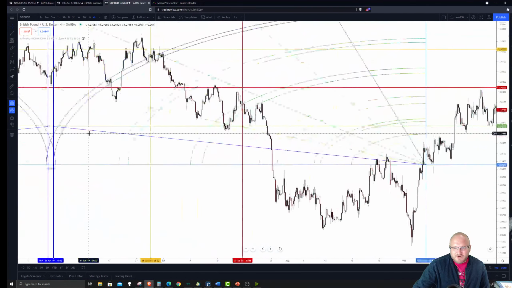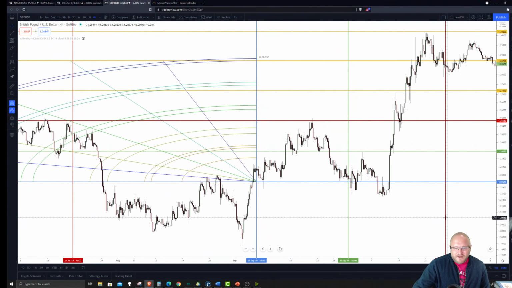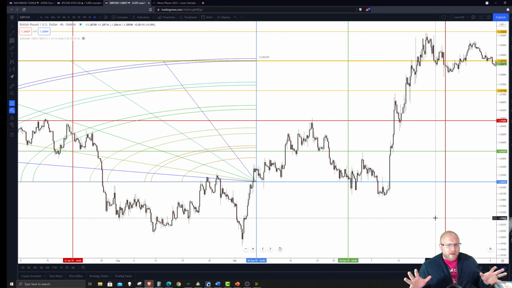nutshell, that is what we are looking at, because you have to stop looking at markets as random, and you have to stop looking at a chart like it represents the fundamentals of an instrument.